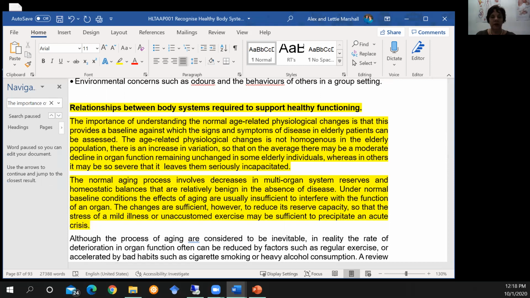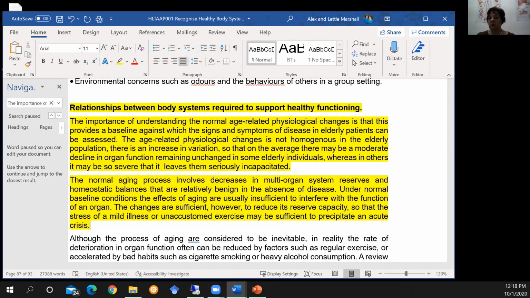It's the importance of understanding normal aging and the psychological changes, which is provided as a baseline against the signs and symptoms of disease in the elderly person. Age-related psychological changes are not homogeneous in the elderly population. There's an increase in variation, so it's not the same from person to person.